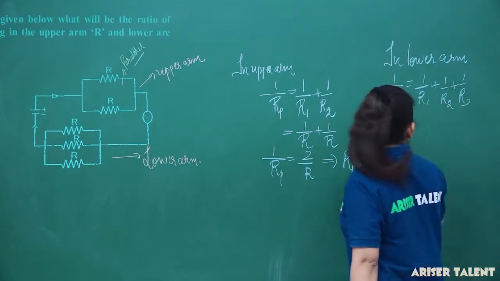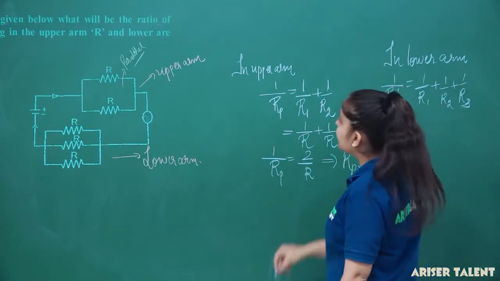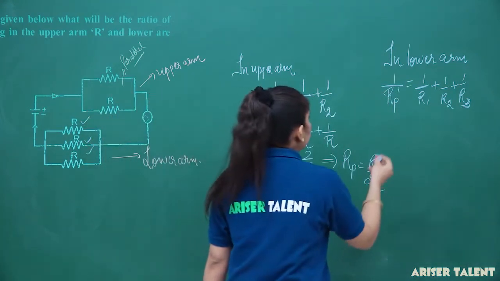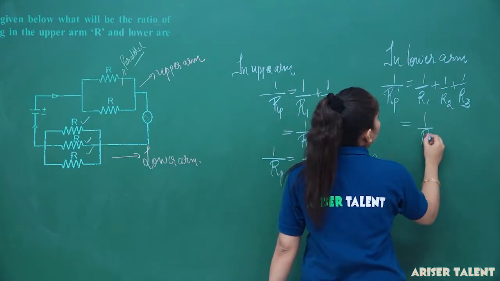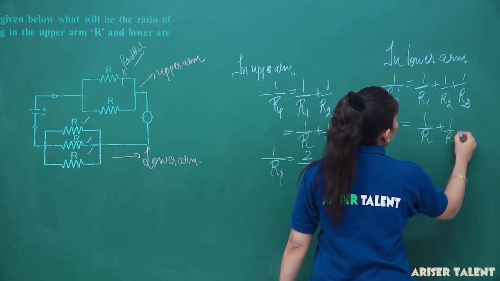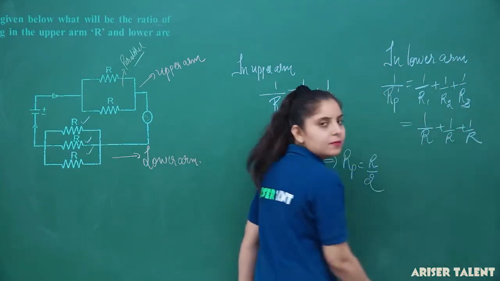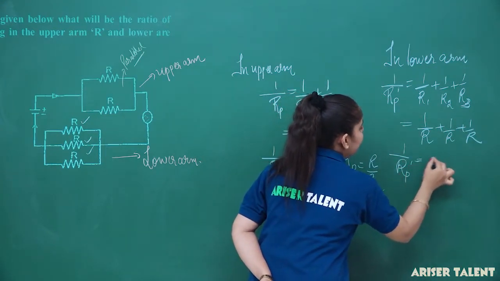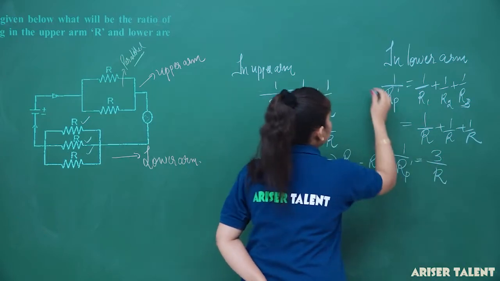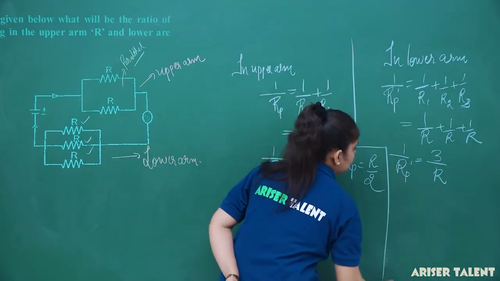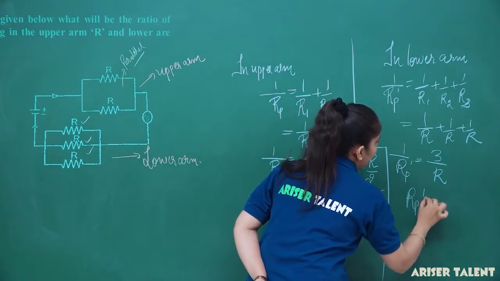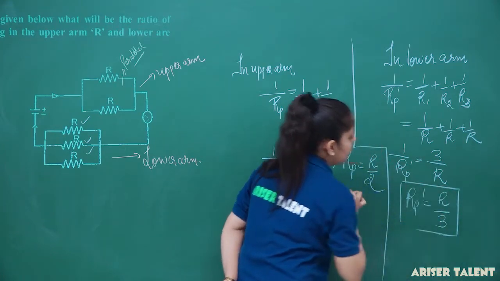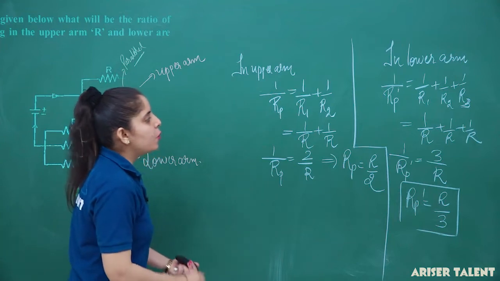And you can see here the value of all these 3 resistances are R, R and R. So 1 upon RP dash will be equal to 1 upon R plus 1 upon R plus 1 upon R. So what does it give you? It will give you 1 upon RP dash equal to 3 upon R. So the RP dash came out to be R upon 3. So this is the resistance in the lower arm.